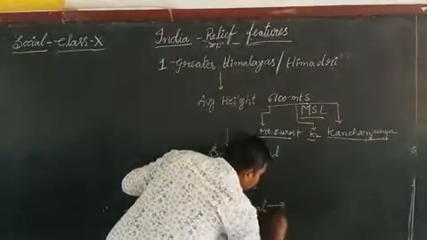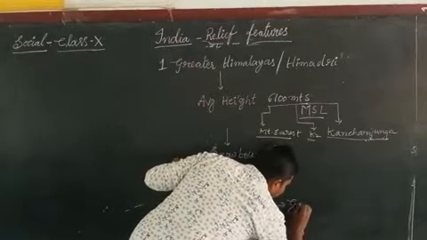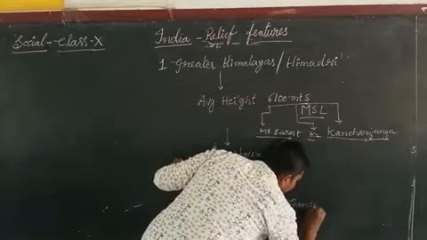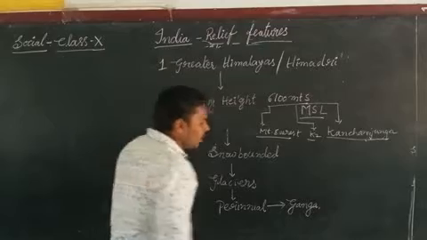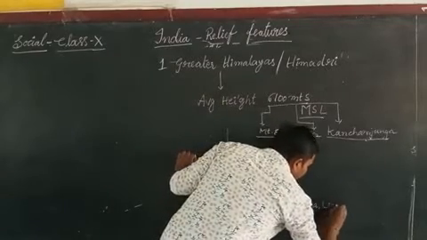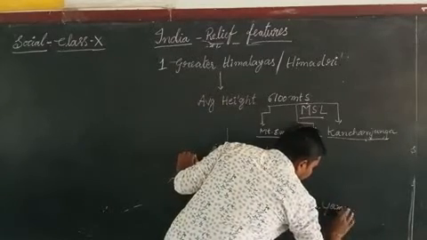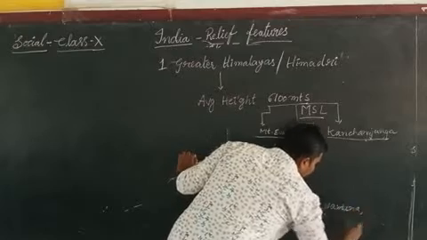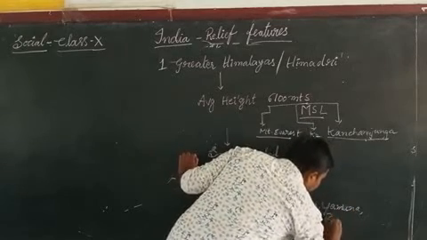For example, some examples of perennial rivers are Ganga, Yamuna, Brahmaputra.